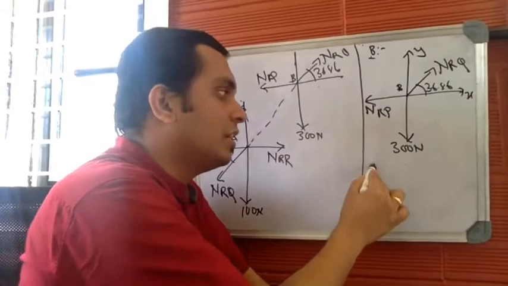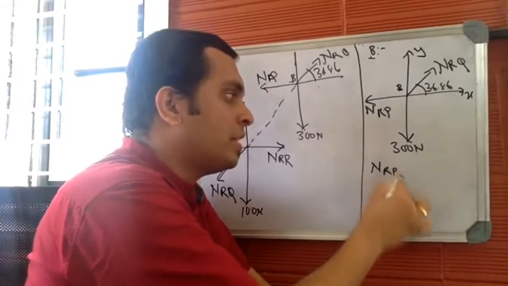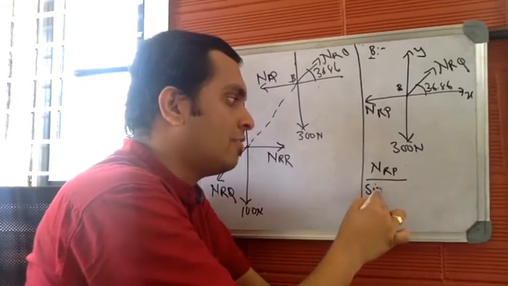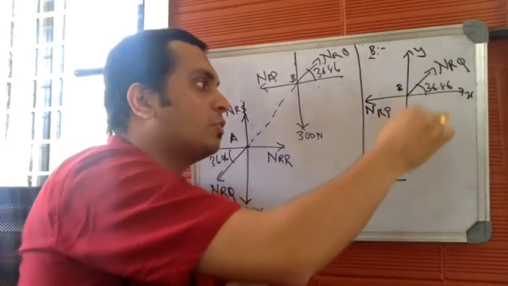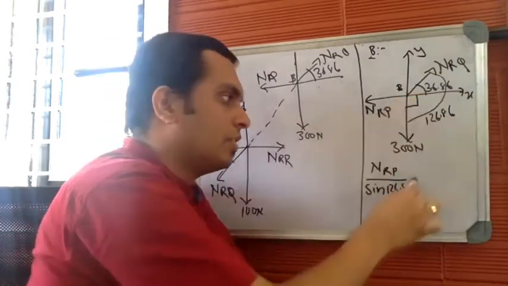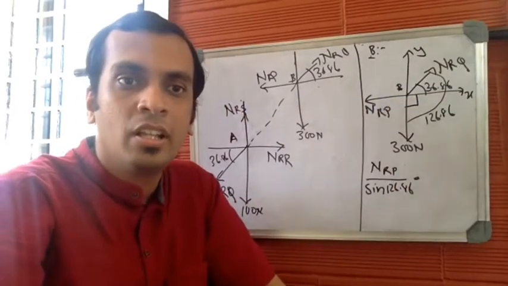According to Lami's theorem, NRP divided by sine of angle between the other two forces, NRQ and 300 newtons. Done.